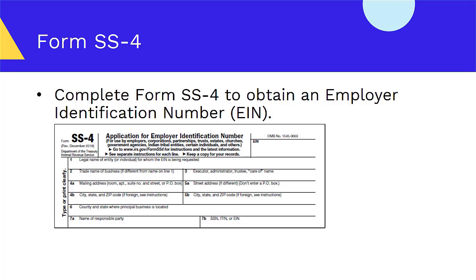However, this is for business. A way to remember what this form is used for is to think of SS for Social Security. Now, I do not know what SS stands for, but think of it as Social Security to identify the individual. Here, Form SS4 is to identify the business.